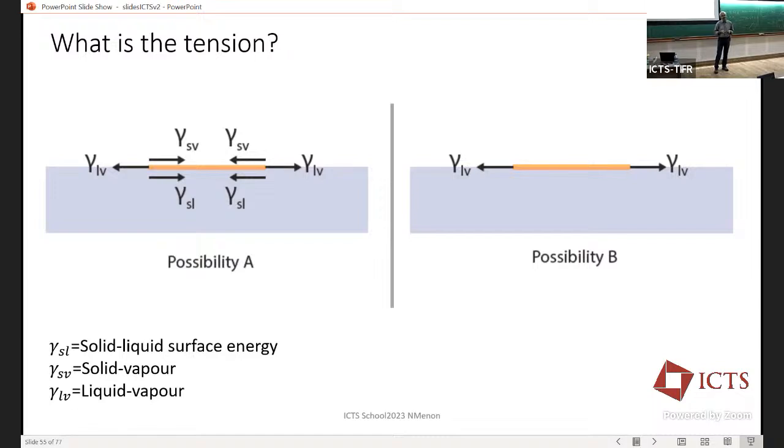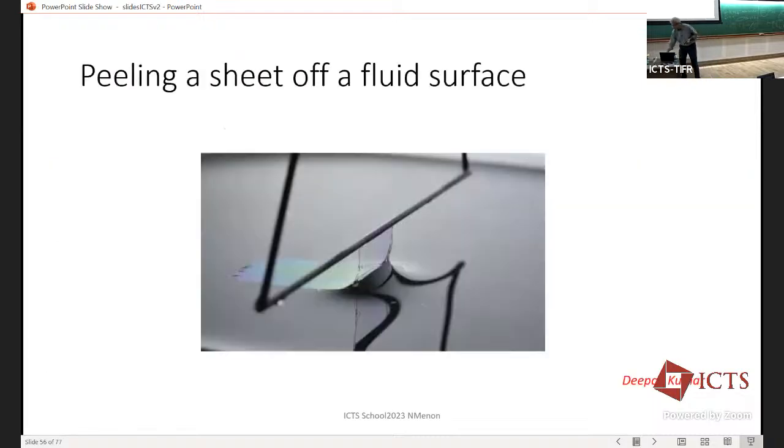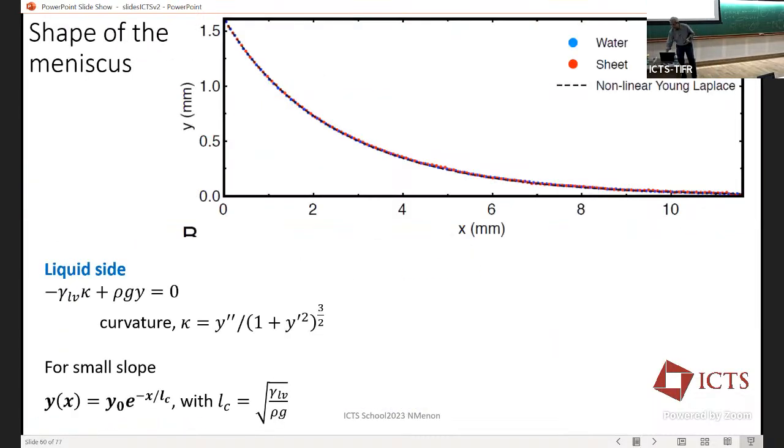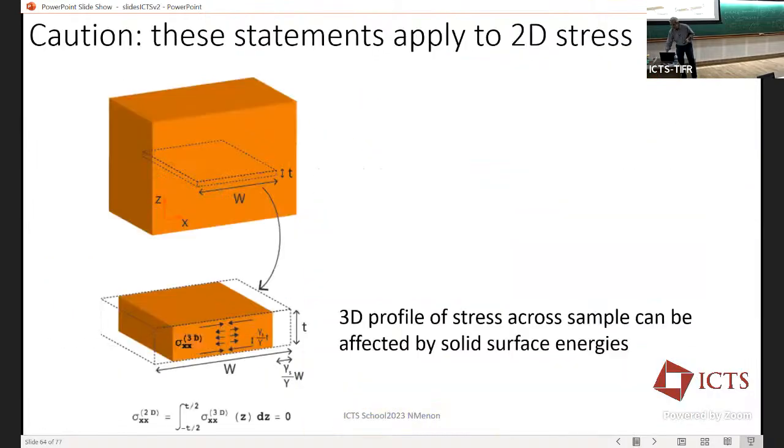So, okay, I was saying if I do overall force balance, those internal forces won't come, then gamma liquid vapor only will be cancelling other gamma liquid vapor. Stress is an internal force as well. But what I'm trying to insist to you is, even internally, this thing doesn't have integrated over its height a new stress in it. Maybe I should show this thing that I showed over here. Imagine cutting a chunk of material out of bulk.